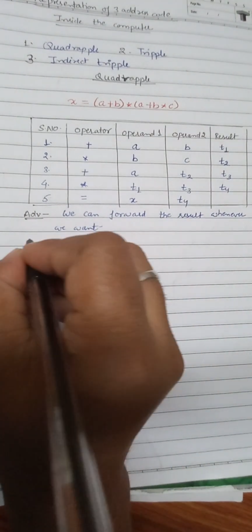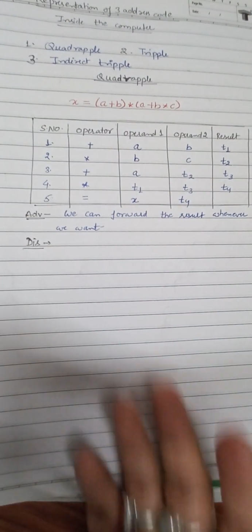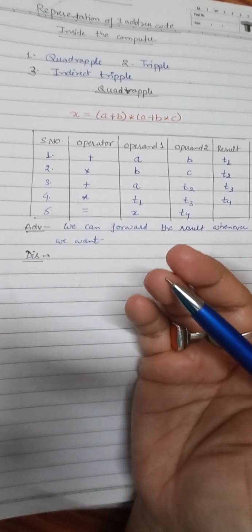But when there is an advantage, there is also a disadvantage, because everything has pros and cons. What is the disadvantage?